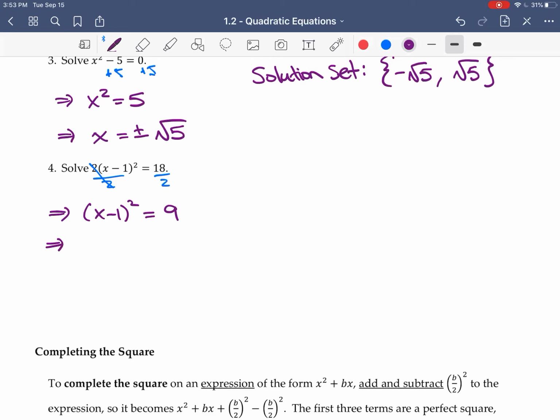Okay, now using the square root property, we can take the square root of both sides here, okay, as long as we add the plus or minus. So that means that x minus 1 is equal to plus or minus the square root of 9, which is 3.